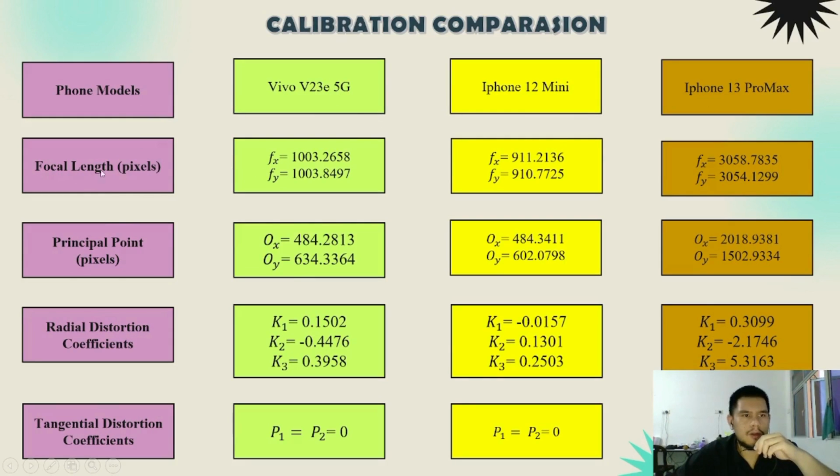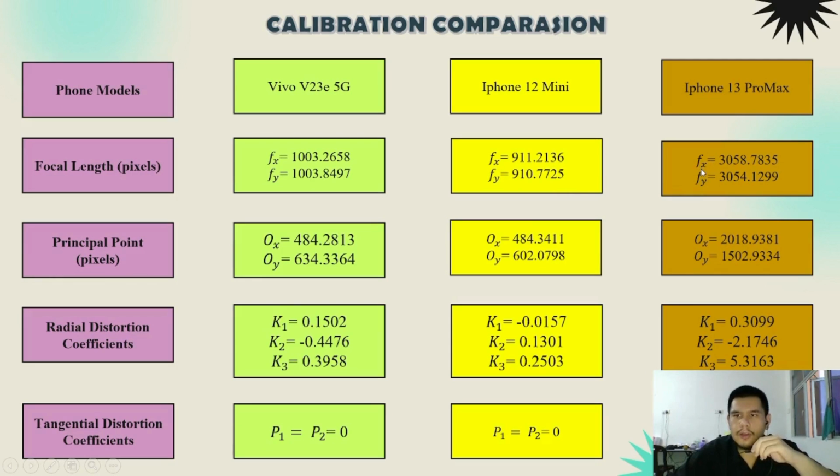For the focal length, the value of fx for the Vivo will be 1003.2658, and for fy will be 1003.8497. For the iPhone 12 mini, the value of fx will be 911.2136 and fy will be 910.7725.